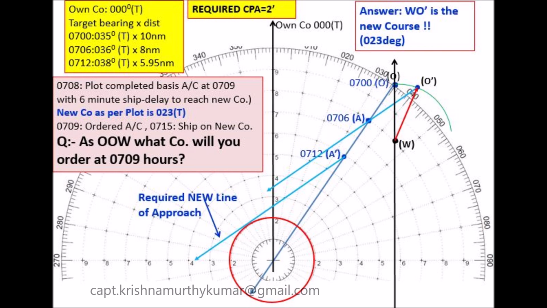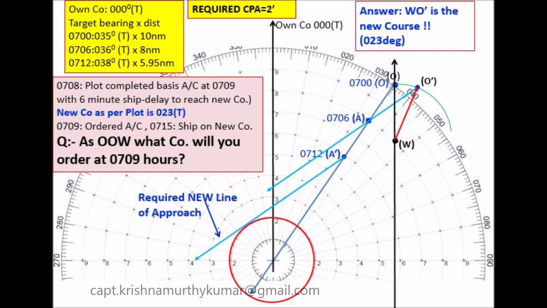So the answer, the course to alter, is WO dash, which is 023 degrees true. That means for a ship which is bearing 038 degrees on your starboard side at 0712, you have decided to alter course by 023 degrees.